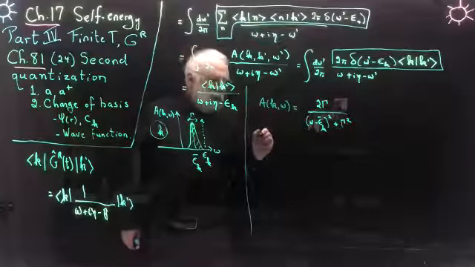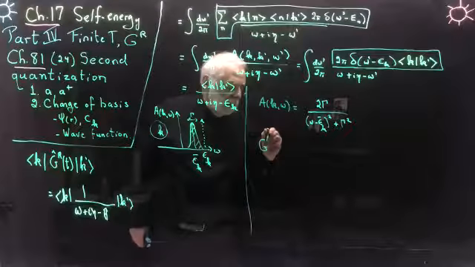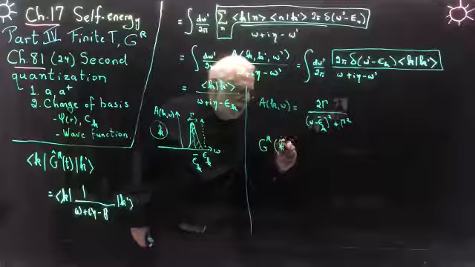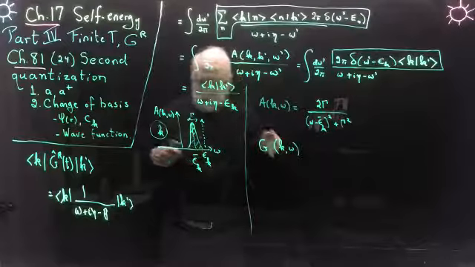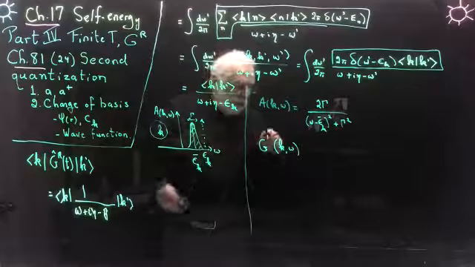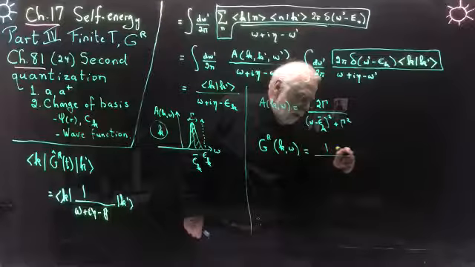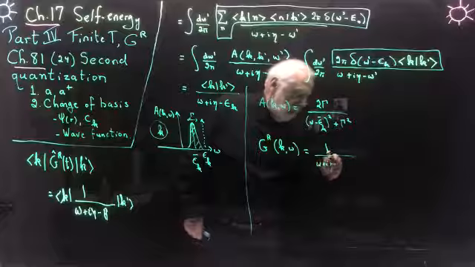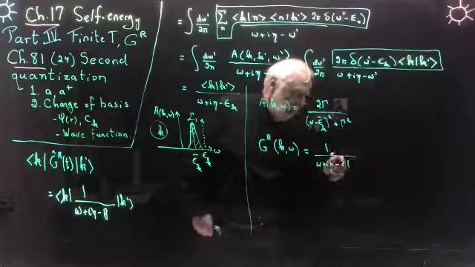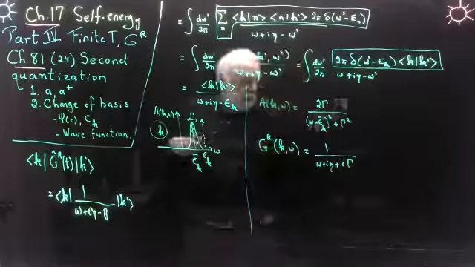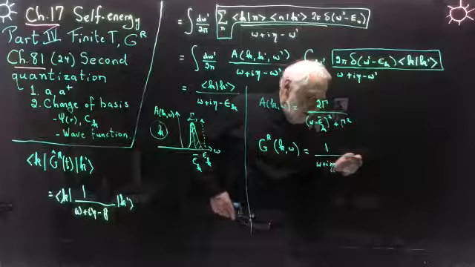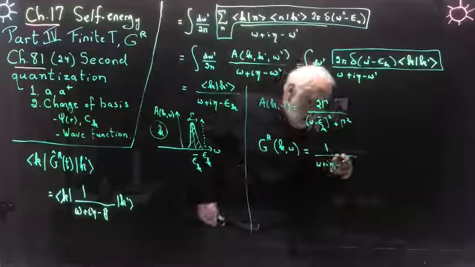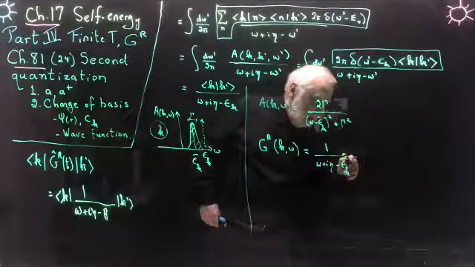So the Green's function, G retarded of k and omega, now not the operator but the expectation, will be equal to 1 over omega plus I eta minus epsilon bar k plus I gamma.